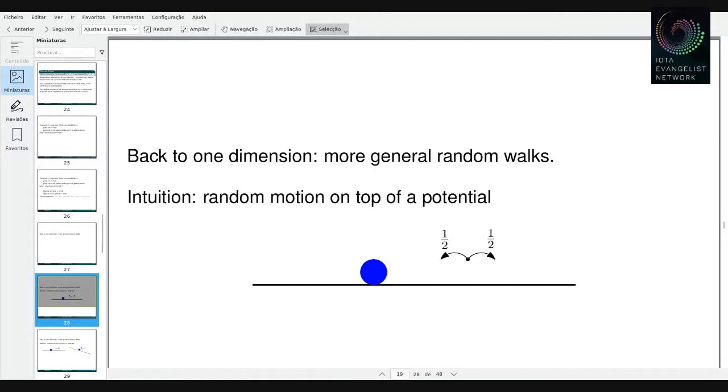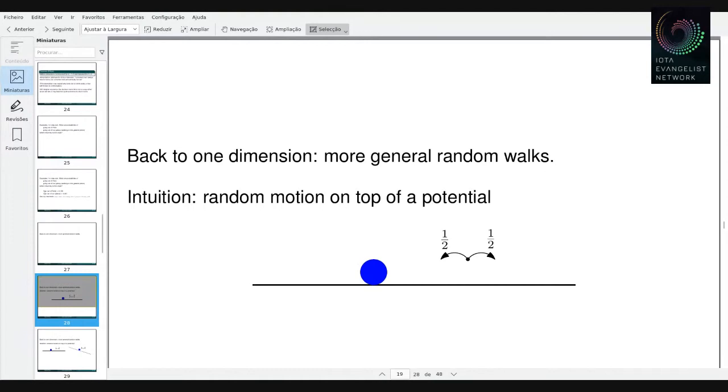And this symmetric simple random walk with 1/2 to the left, 1/2 to the right can be seen as a walk of a drunken person, which is this circle here, on a straight landscape like this.